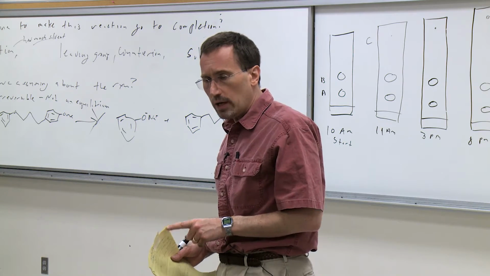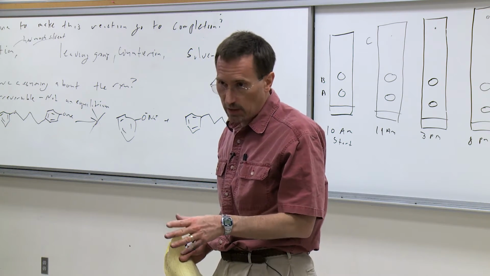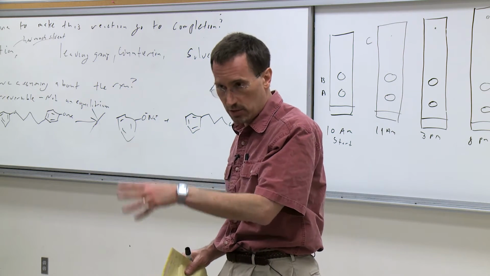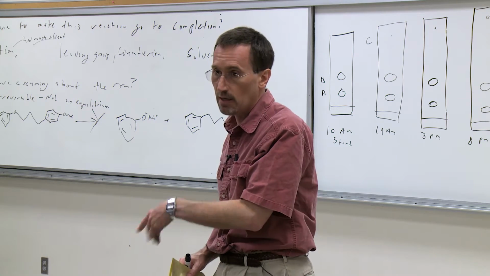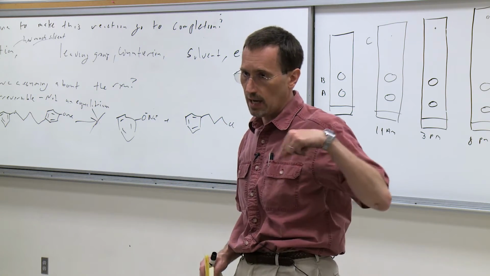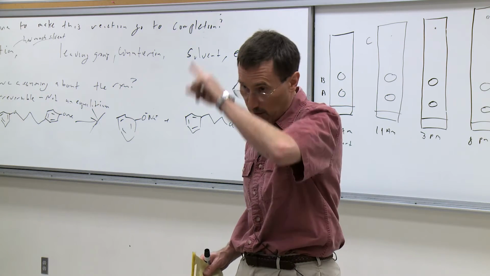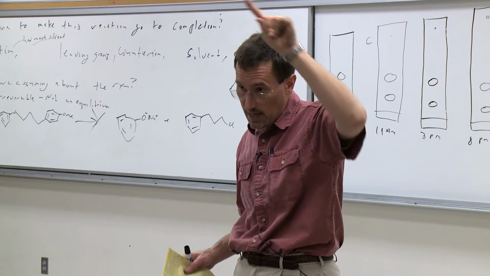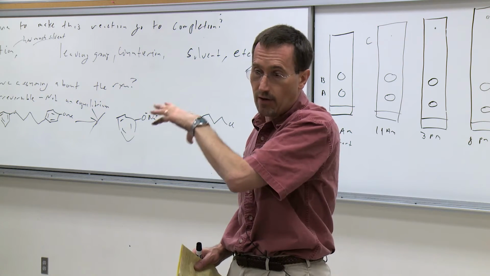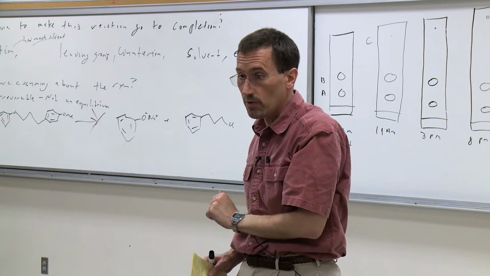The Krapcho conditions for most ester cleavage is hydrolytic. Most of the time, if you want to convert an ester to a carboxylic acid, you take the ester, you throw in sodium hydroxide, you get attack of hydroxide at the carbonyl, tetrahedral intermediate, breakdown to the carboxylate, expulsion of alkoxide anion. That would be the standard way.